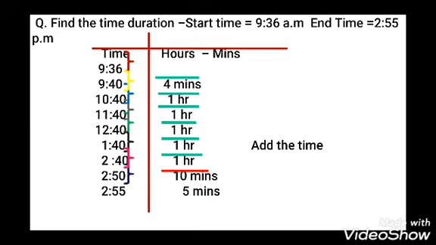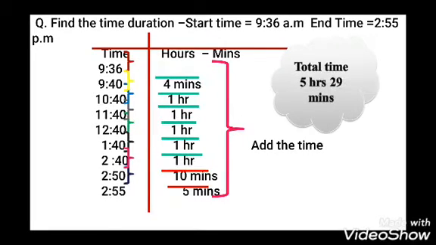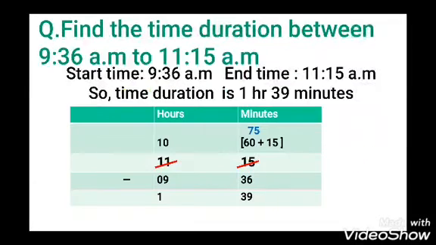Then 2:40 to 2:50, the time passed is 10 minutes. 2:50 to 2:55 is 5 minutes. Now let us add the time. The total time is 5 hours 25 minutes. So this is how we can find elapsed time using a T-chart and using subtraction.